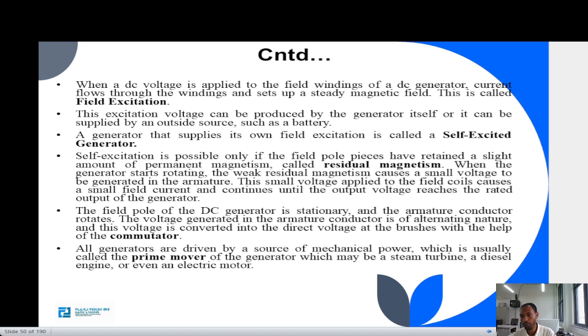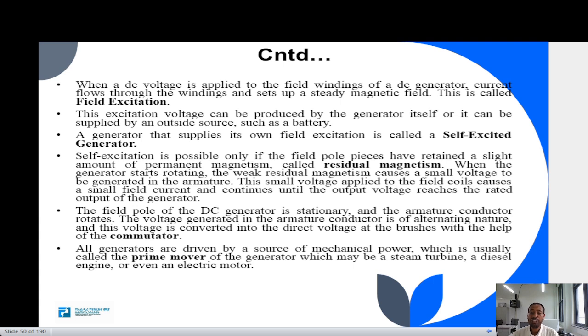So with the help of the permanent magnet, the generator can produce its own voltage and supply it to this field winding, and such a generator is called a self-excited type of generator.